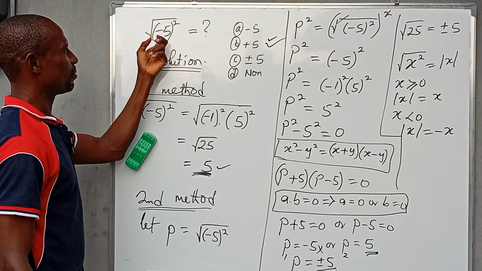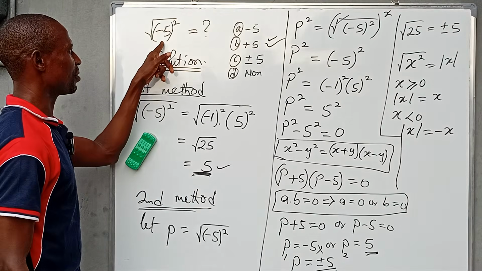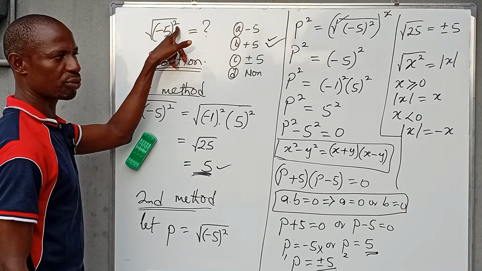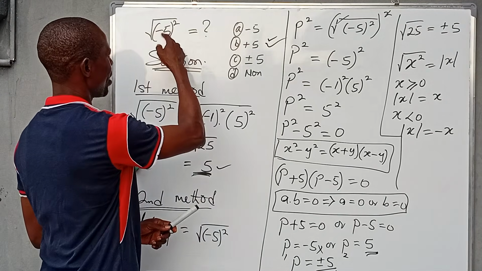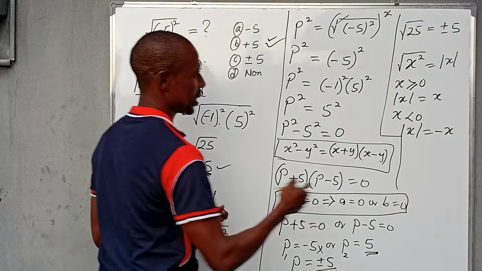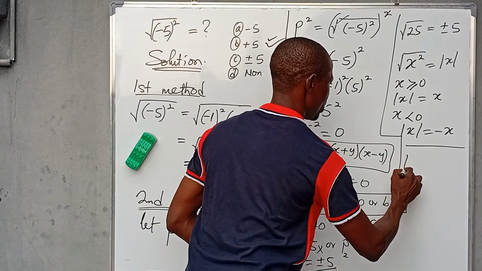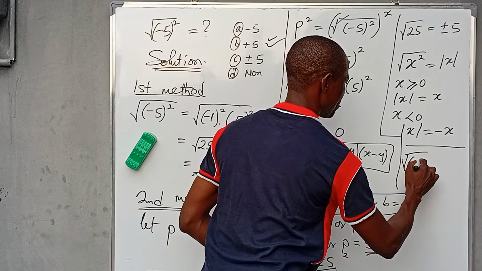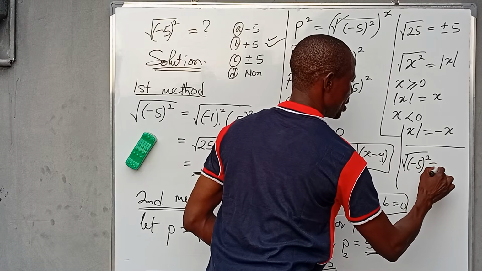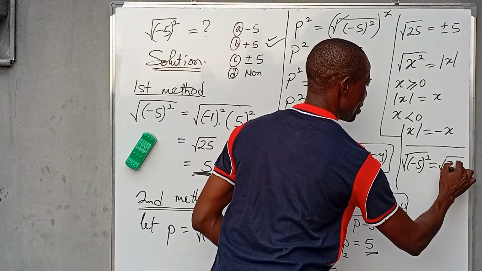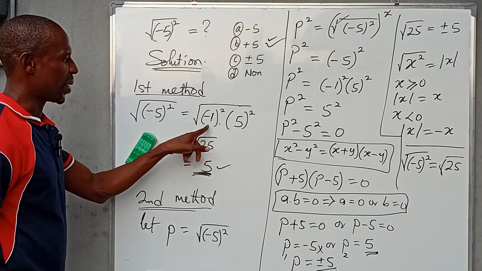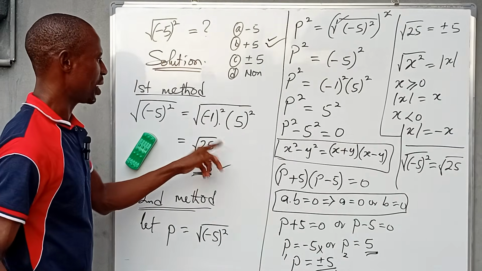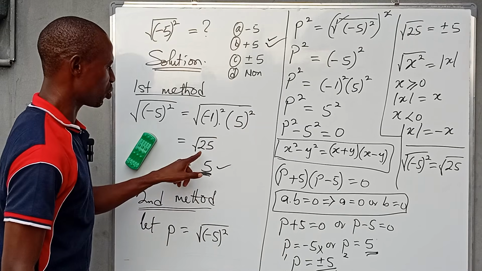Now let's look at what we have in here. Look at the value of what we have here. We are having minus 5 raised to the power of 2. If we deal with the expression inside the bracket, the square root of the bracket minus 5 all to the power of 2 is going to give us the square root of 25. Look at what I did here: minus 1 to the power of 2 is 1, then 5 to the power of 2 is 25.